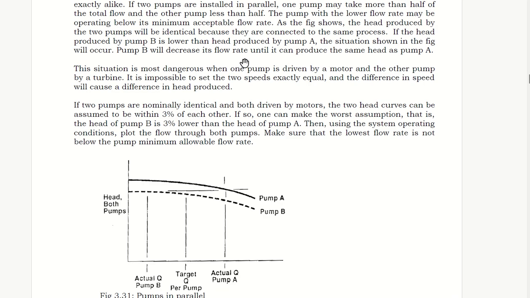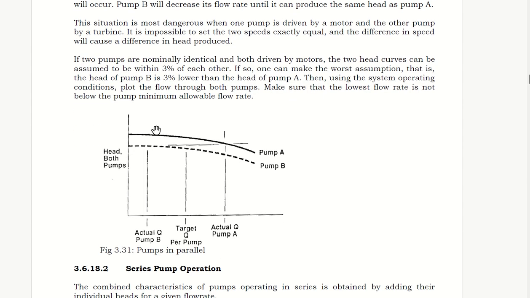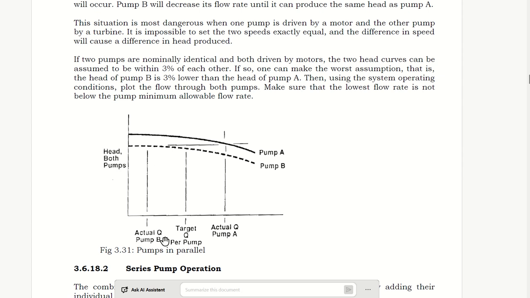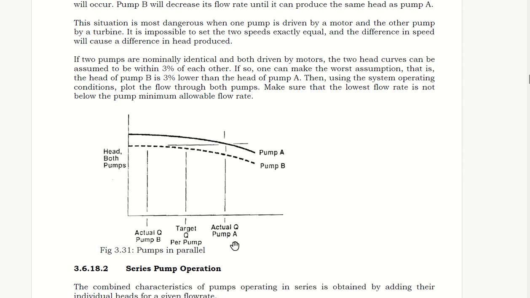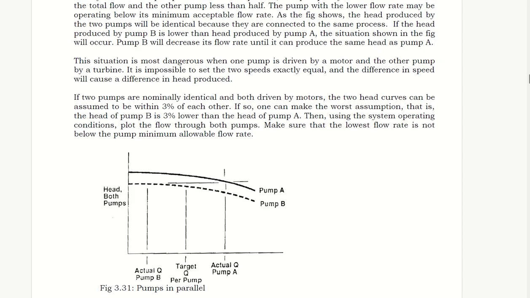Pump B will decrease its flow rate until it can produce the same head as pump A. So you can see this is the actual pump B, target Q, and actual Q pump A. So basically, when two pumps are in parallel, the problem is that one pump can have more flow and the other pump lower flow, and the second pump reduces its flow so that the head can increase and match the other pump. So that's the problem with parallel pump operation.